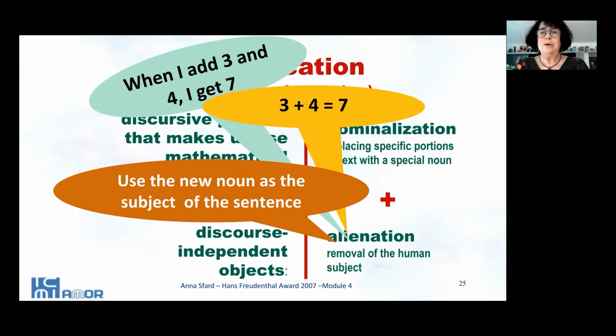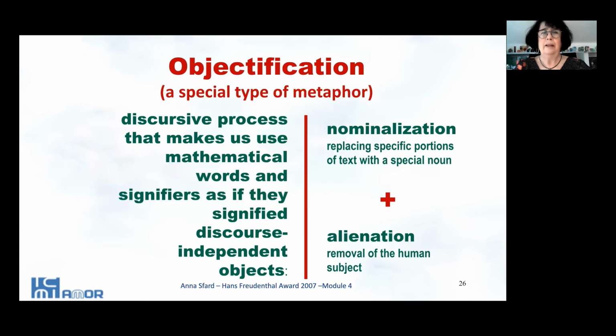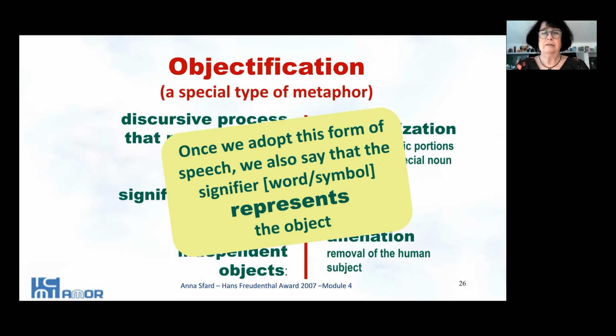Just look at how impersonal this second expression, 3 plus 4 equals 7, is in comparison to the first, the one that includes the personal pronoun I. Only when we adopt this form of speech, we say that the signifier, the word or symbol, represents the object.